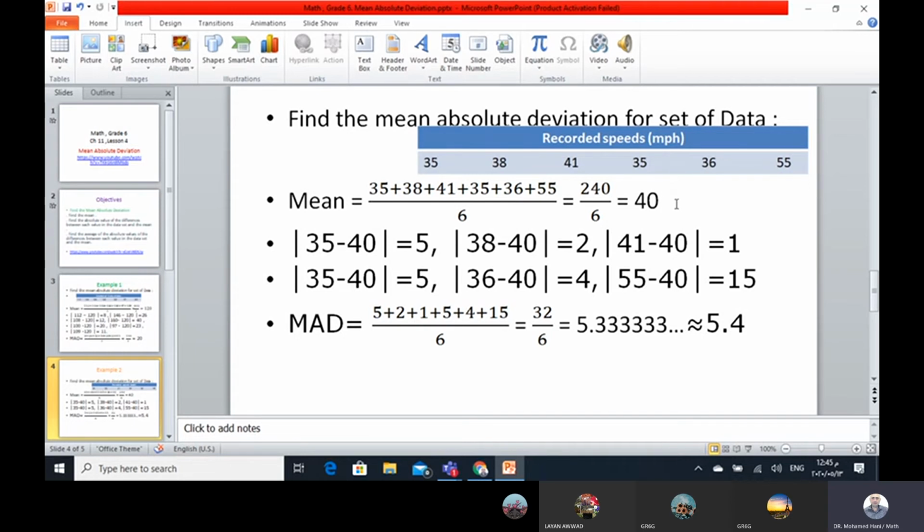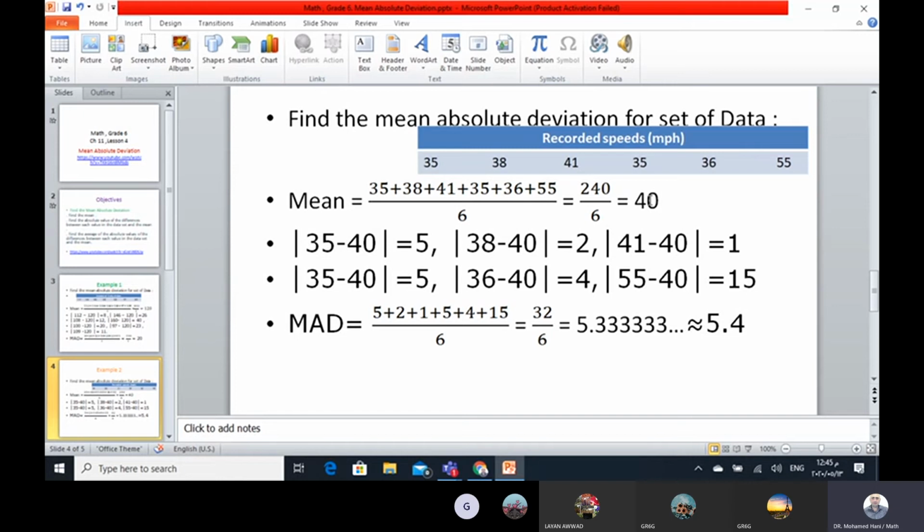The second step, find the difference between each value in the data and the mean, taking the absolute value to keep the distance. So I can write 35 minus 40 is minus 5, absolute value 5.